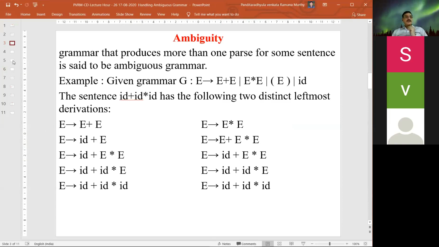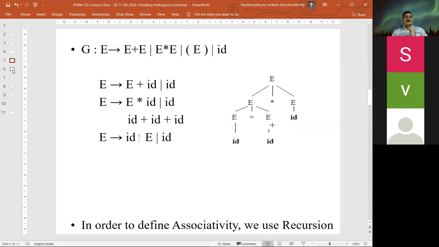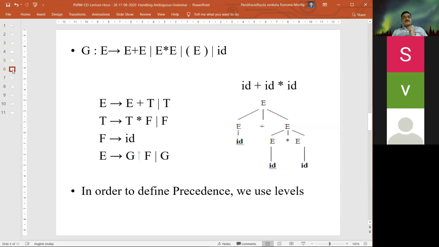So by restricting the grammar to only left recursion and left derivations, we are avoiding the ambiguity, and we are avoiding the other problems. This is the way we can avoid ambiguity. This is the way we can handle ambiguous grammar.